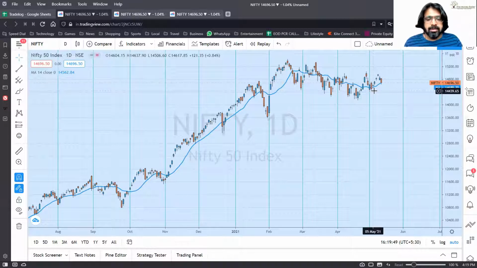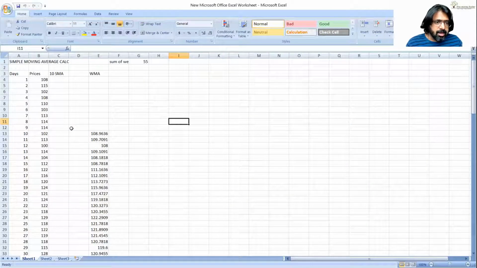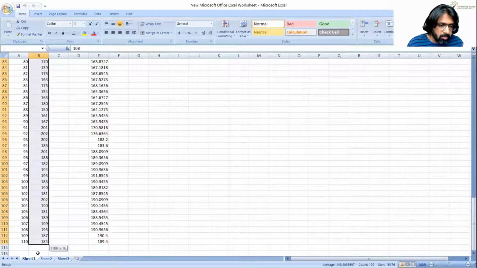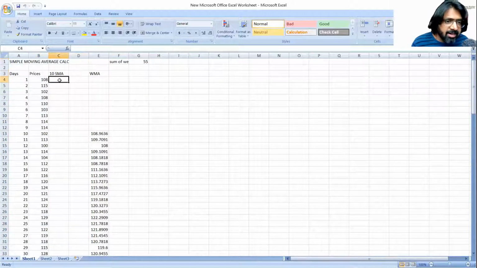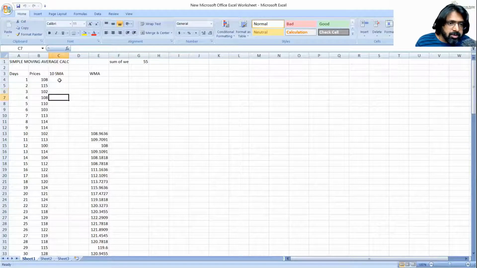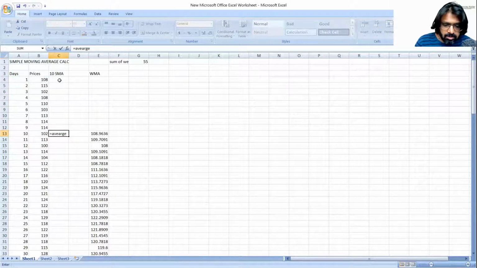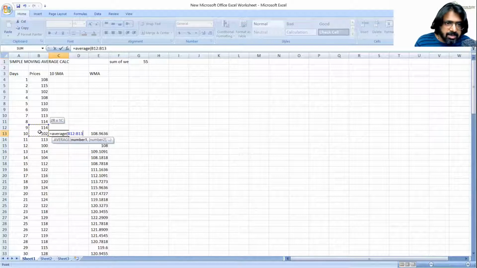Now let's see in an Excel sheet how these moving averages are calculated. Here I've got an Excel sheet and I've randomly simulated the price of a stock over 110 days. Now a 10 days simple moving average is nothing but the average of the prices of the last 10 days.